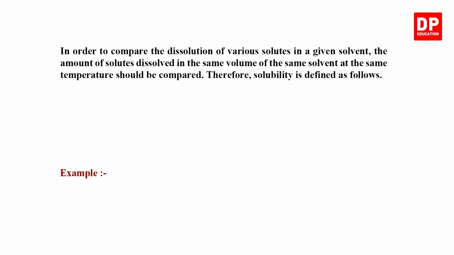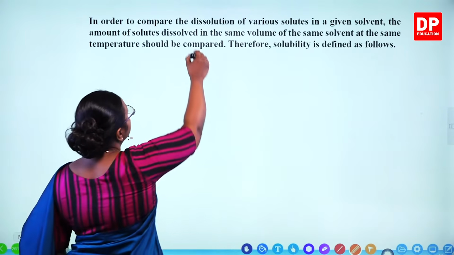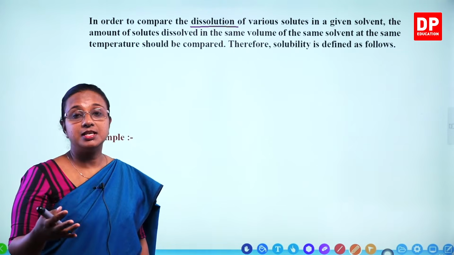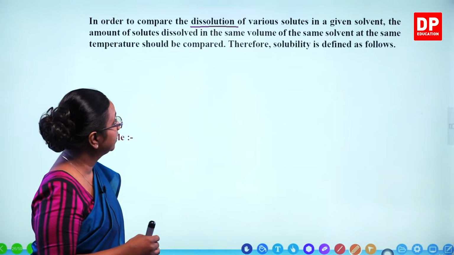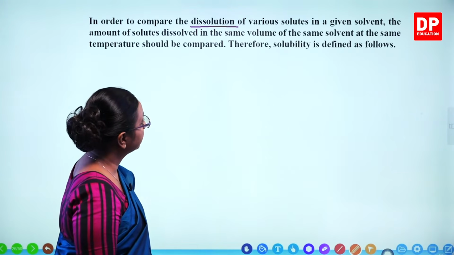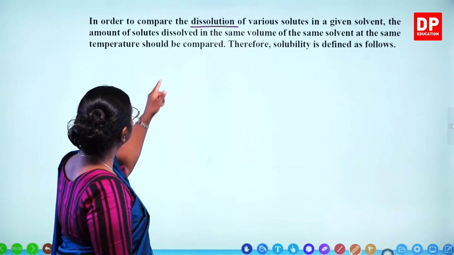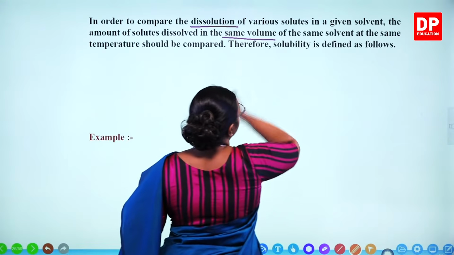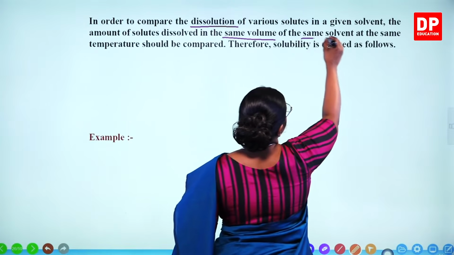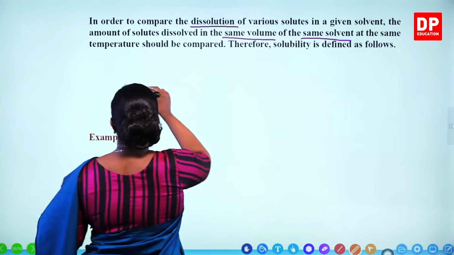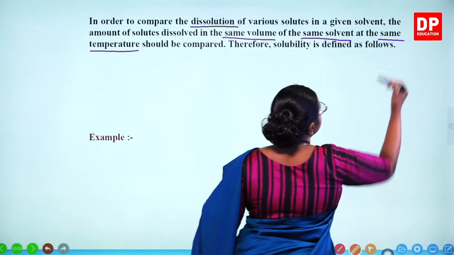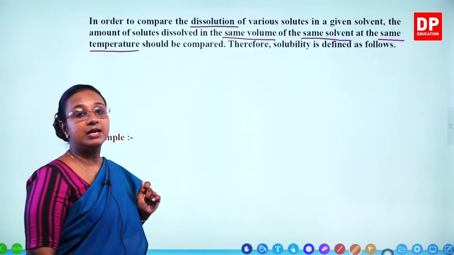In order to compare the dissolution of various solutes, another new term. Dissolution means the ability of a solute to dissolve in a solvent. In a given solvent, the amount of solutes dissolved in the same volume of the same solvent at the same temperature should be compared.